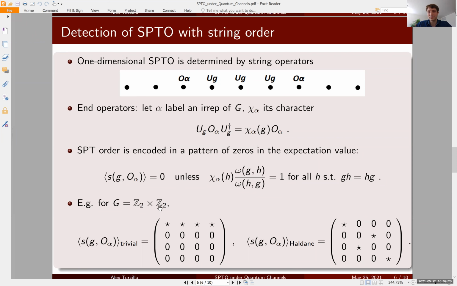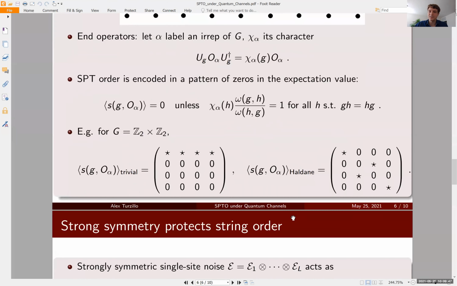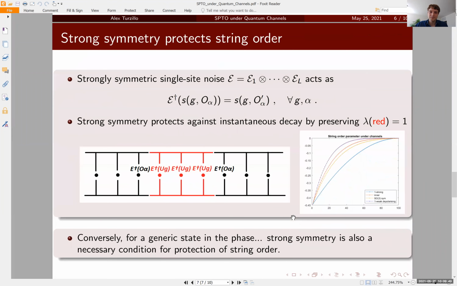So for example, if one is interested in Z2 cross Z2 phases, one can compute this pattern of zeros for the trivial phase and the Haldane phase, and one sees that they're different. So essentially by looking at expectation values of the string operators, one gets a pattern of zeros and can back out the cocycle omega. Okay, so what does this have to do with strongly symmetric channels?